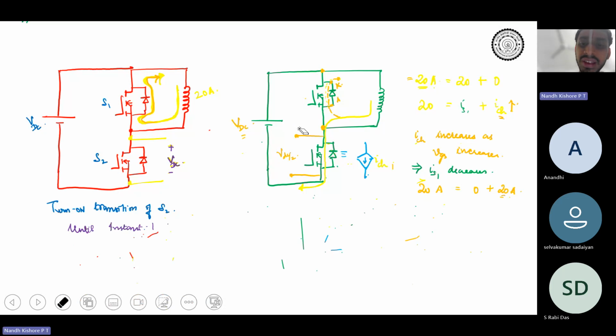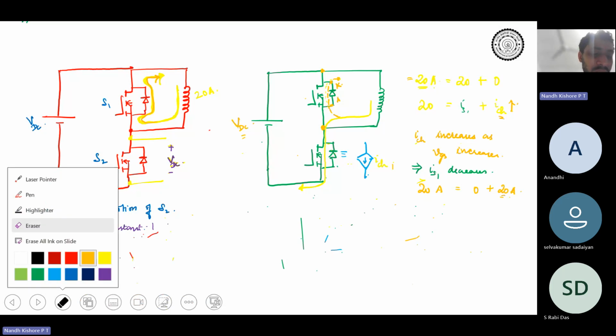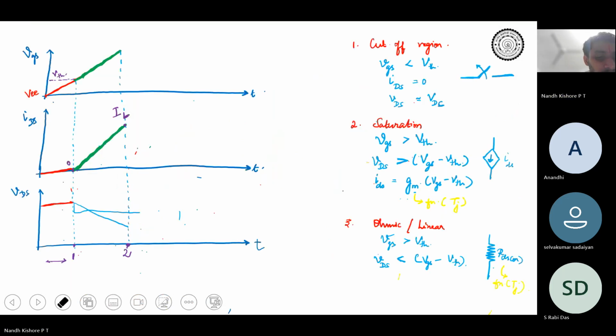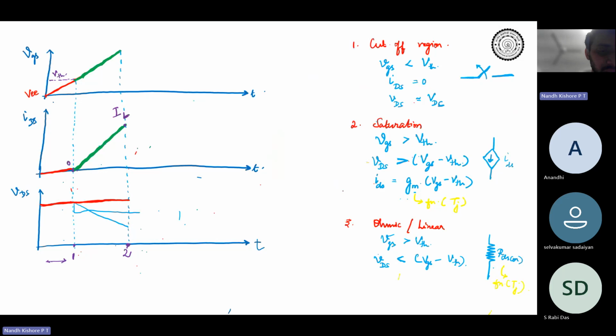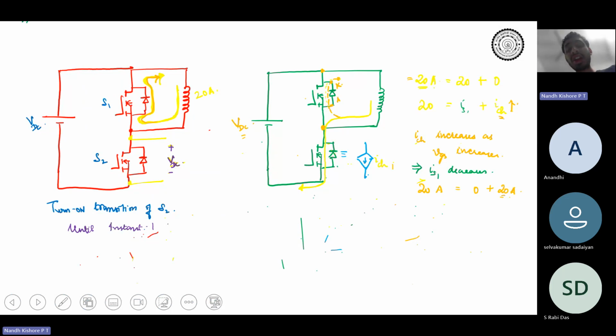So what happens is you would see that the device continues to block whatever was the DC bus voltage. Until this instant, the device continues to block the entire DC bus voltage, VDC.